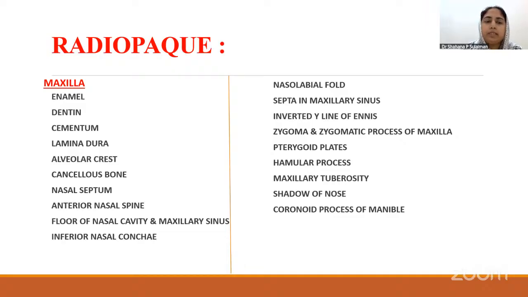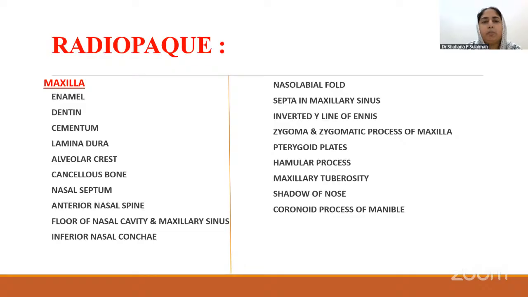The other structures are the nasal septum, anterior nasal spine, the floor of the nasal cavity and maxillary sinus, inferior nasal concha, nasolabial fold, septa in maxillary sinus, inverted Y-line of Ennis, zygoma and zygomatic process of maxilla, the pterygoid plates, hamular process, maxillary tuberosity, the shadow of the nose and the coronoid process of the mandible. You may wonder why the coronoid process of the mandible comes under the maxilla; I'll discuss that in the further slides.